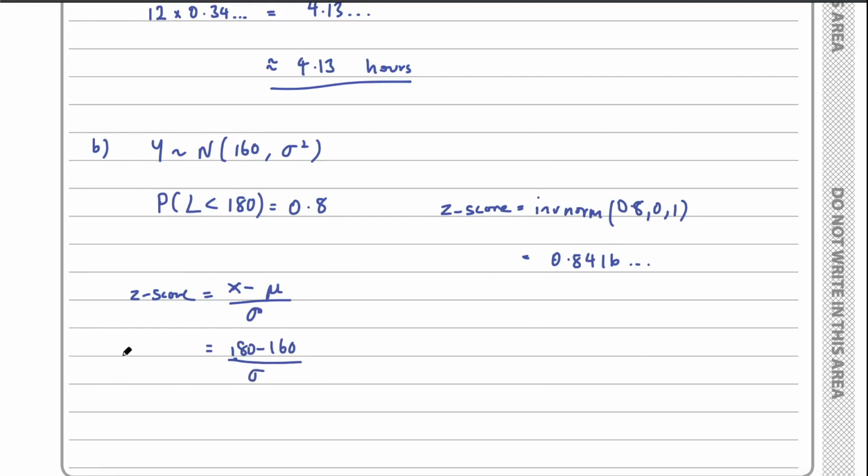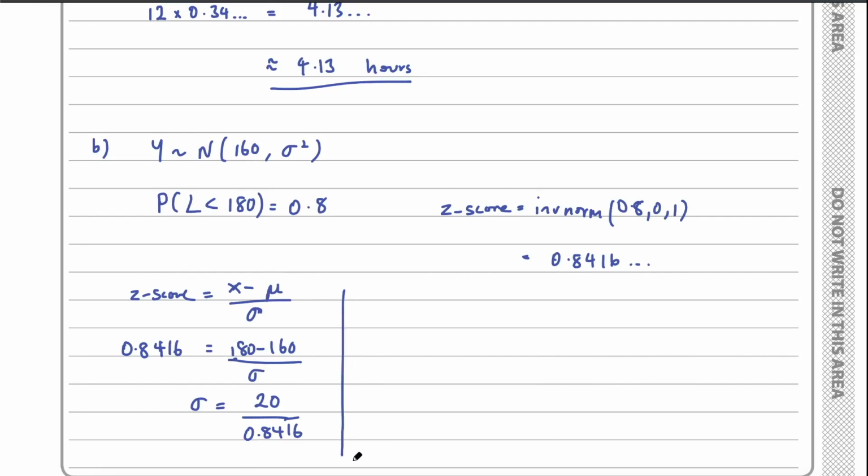We have the z-score, which I'm going to round to 0.8416. And now I'm going to go ahead and solve this for the standard deviation. So the numerator here is 20. So I'll have the standard deviation equal to 20 divided by 0.8416. So hopefully you can see I've just essentially swapped those around.